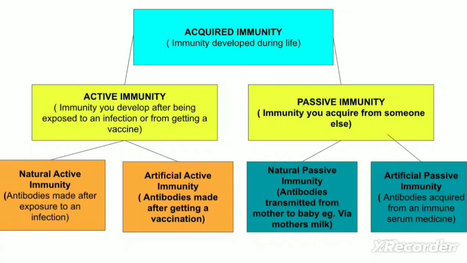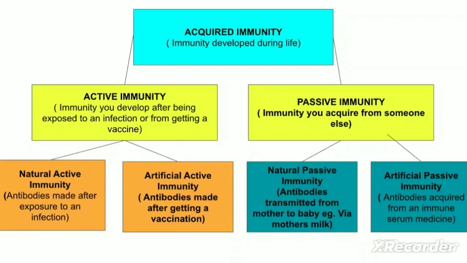In acquired immunity, immune system has memory of first encounter of pathogens. Acquired immunity is of two types. First one is active immunity and second one is passive immunity. Now the first one, active immunity.